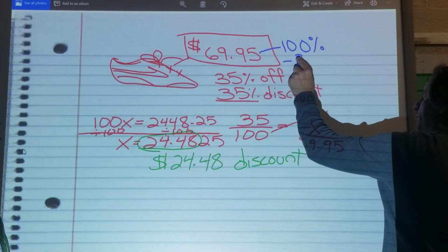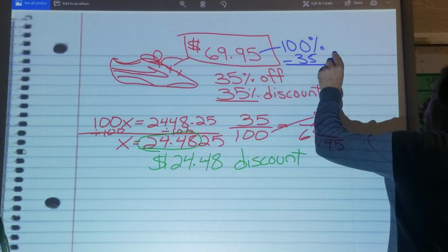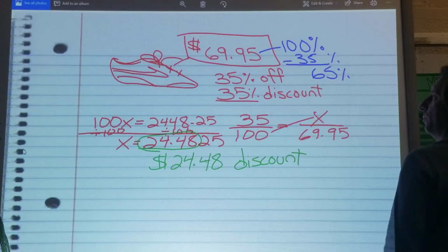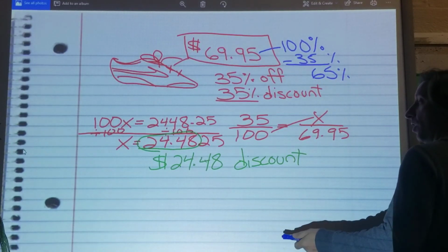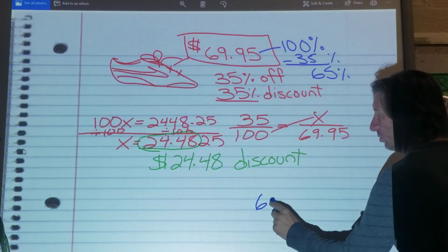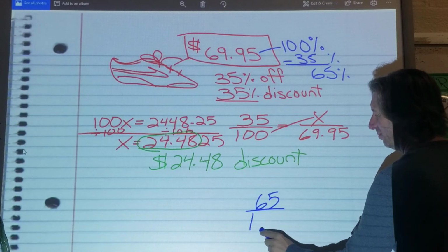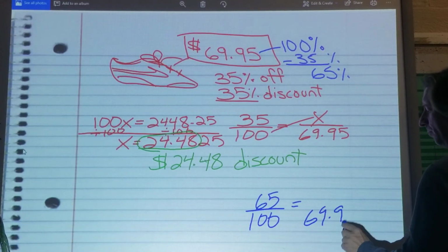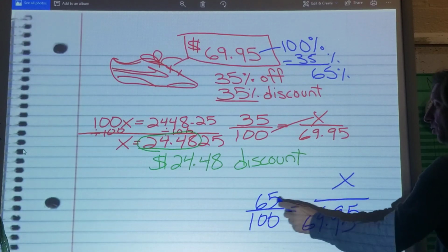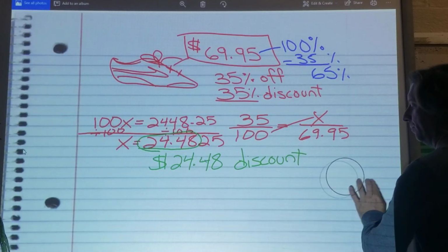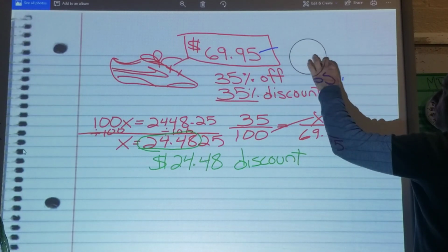So I can subtract 35%, and I'm only paying 65% for the shoes. So another way to find it is to do 65% of the shoes. And this will give you the new cost, but it won't tell you what the discount is. So I don't like to use this method. I like to use the other one I showed you.